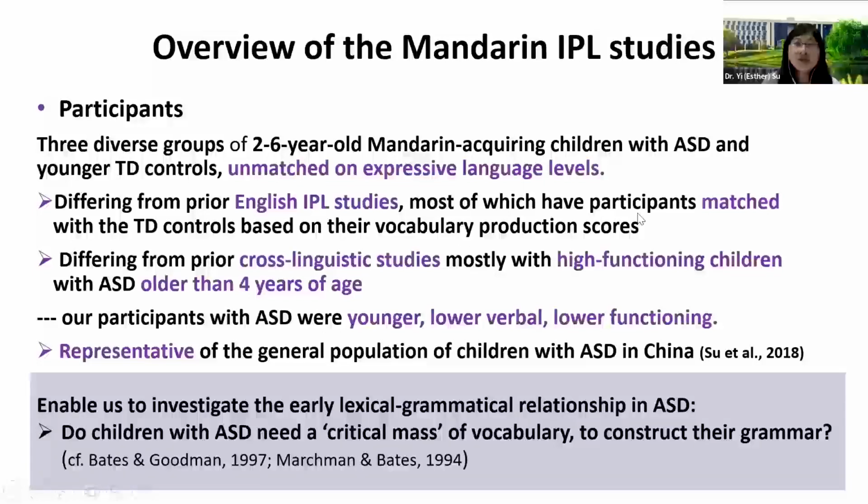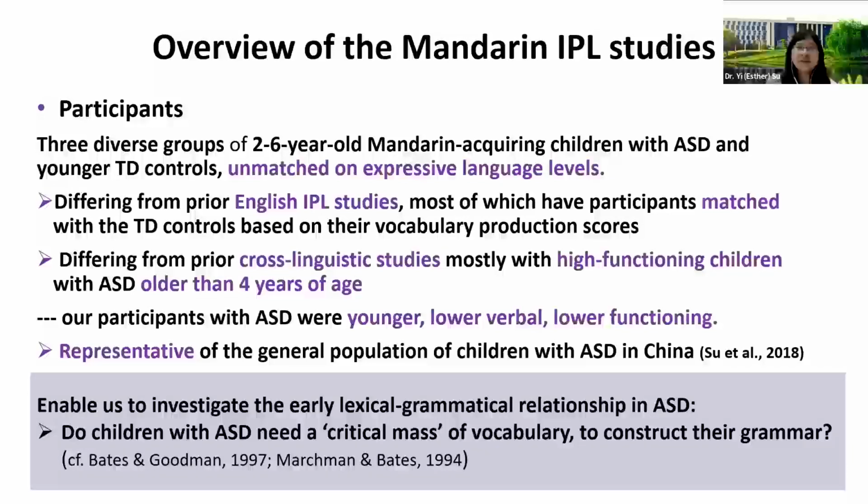Because our children with SD were not matched with TD controls, specifically they have much lower vocabulary production scores than our TD controls. So this enables us to investigate the early lexical-grammatical relationship in ASD. In particular, we can investigate the question, which is also a classic language acquisition question, whether children with SD lack a critical mass of vocabulary to construct their grammar or not.